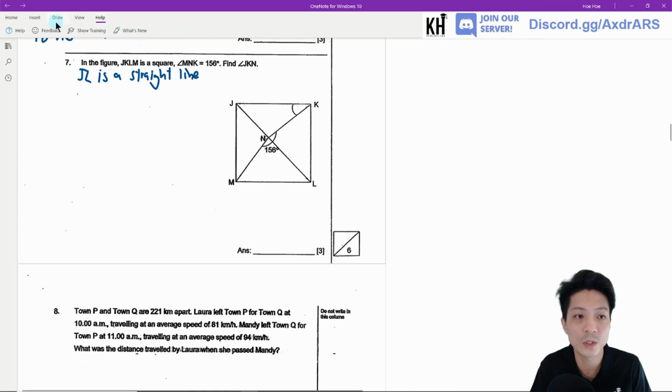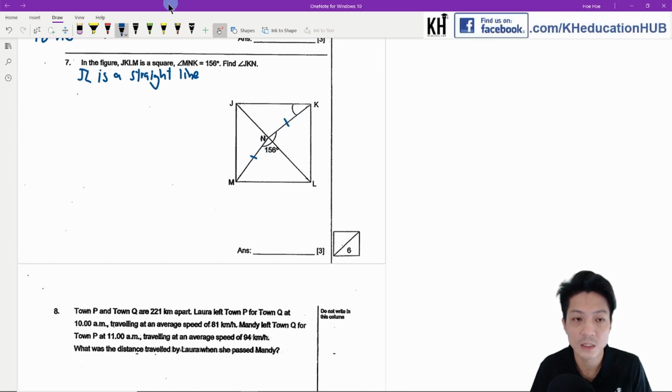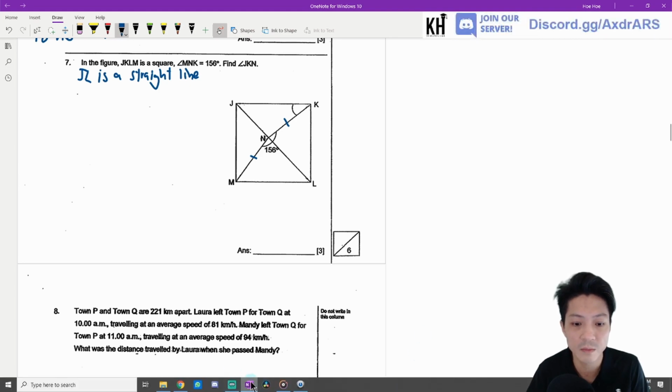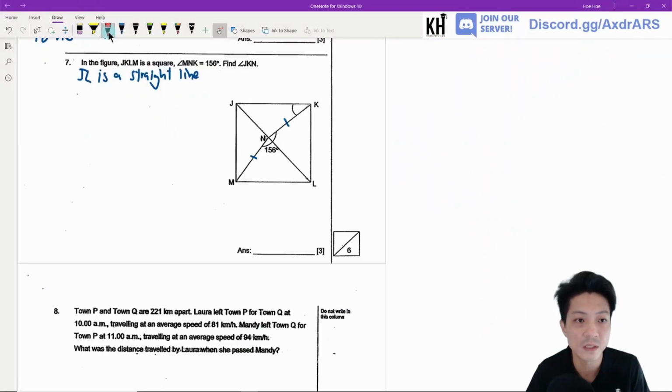So now we know that. These two lines are equal to each other. I'm just gonna pause the question for a while because the plane is flying by. Let me fix this marker issue also.